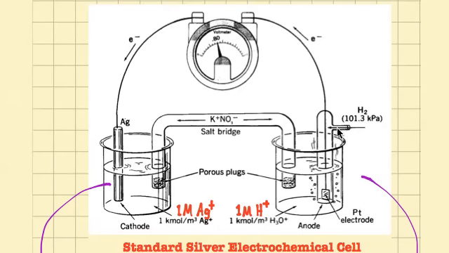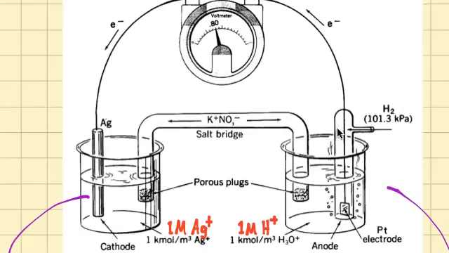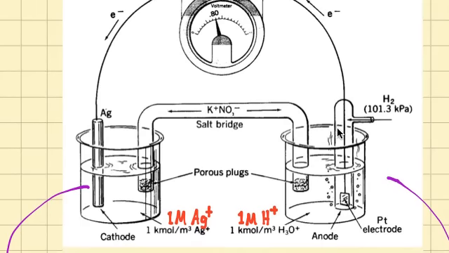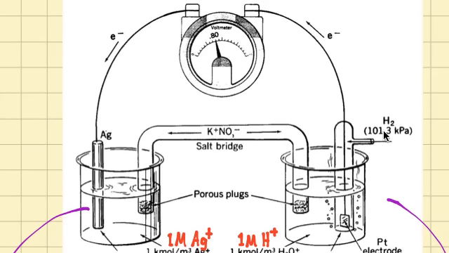This is a really weird setup if you think about it, because who would really think of putting hydrogen gas through or in contact with this 1 molar acid water and put a little unreactive platinum electrode at the bottom and hook that up to an external wire.